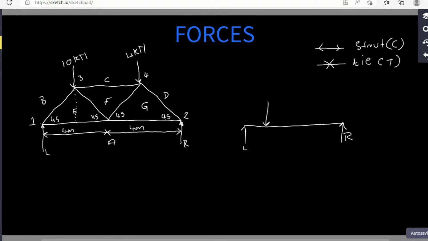We can tell that from this point to this point is 4. Since BE and EF are the same length, because we can see that they are the same angle here, we know that this 10 is in the middle, making the distance from L to this force 2 meters.